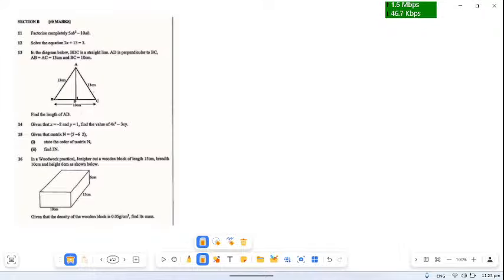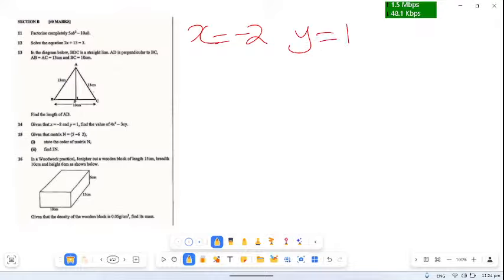Given that x is equal to -2, y is equal to 1, find the value of 4x squared minus 3xy. Okay, so the statement we have is, we are told x is equal to -2 and y is equal to 1.